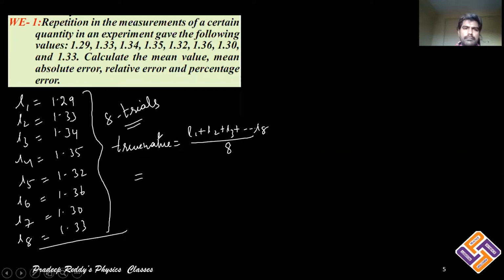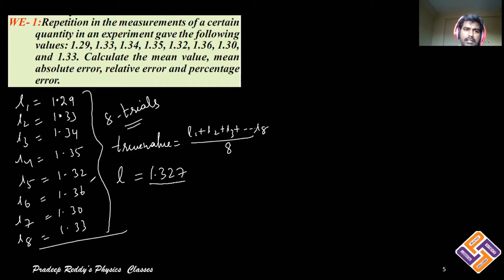So after finding the average, you have got 1.327. If I consider this as length, you can take it in centimeter or millimeter, whatever it is. But here, as the unit is not mentioned, we are not bothering about the physical quantity. But when you are doing the calculation, check this. In length L1, after the decimal point, how many digits are there? 2.